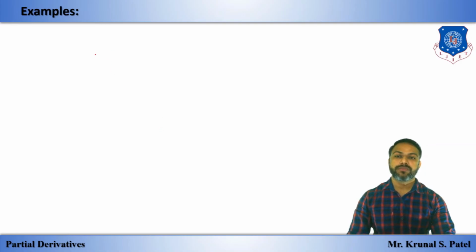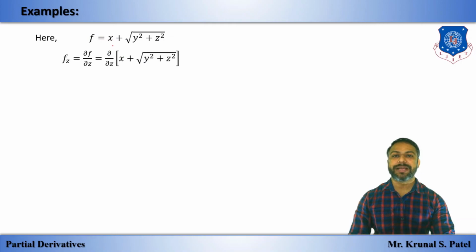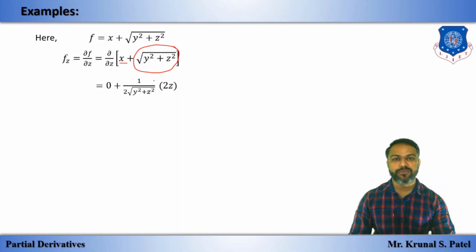In the same way we can differentiate the given function with respect to z partially. So write down f first, and we apply del by del z on both sides. Differentiation of x will be 0, and this z is inside a root, so we will apply the same formula: 1 upon 2 under root y square plus z square, and differentiation of y square plus z square with respect to z is 0 for y square, and differentiation of z square will be 2z.